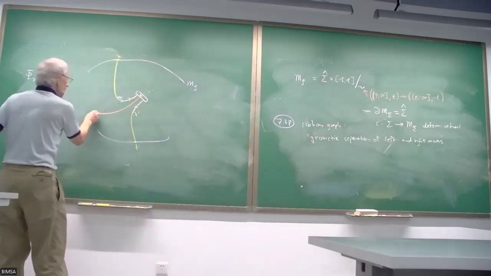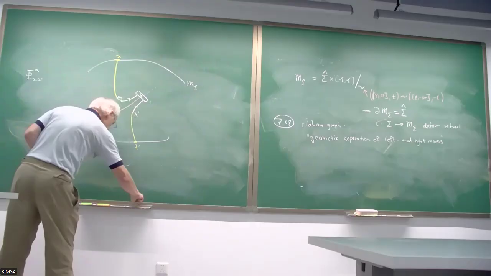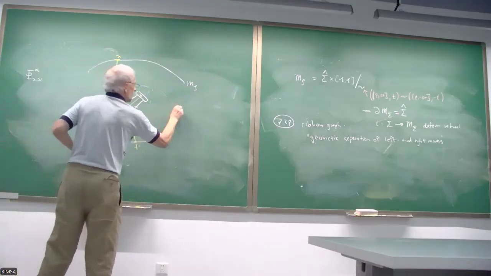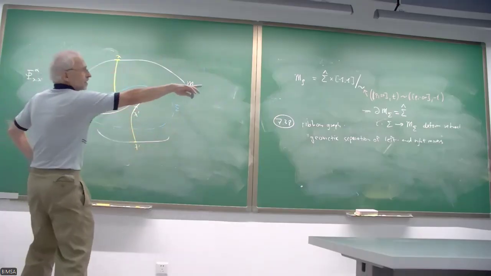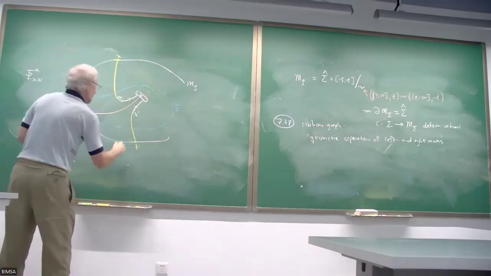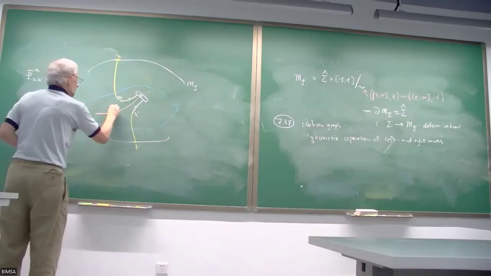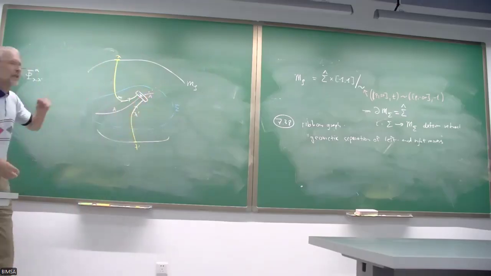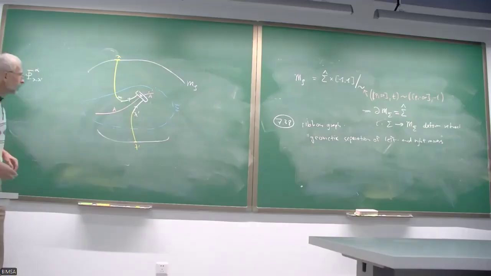I say, so this we should think of being inside sigma, which is embedded in M sigma. And inside sigma, I take a line or ribbon labeled by A coming in and out.